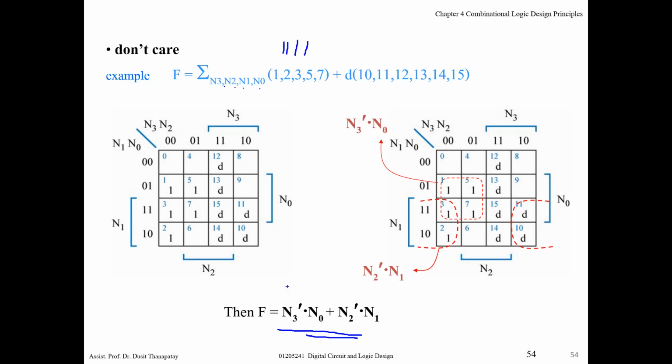N3 is 1, right? Then 1 prime at here, right? And 0 plus, not 0, and 1, sorry, plus 1 prime and 1, right? The result is what? Tell me please.